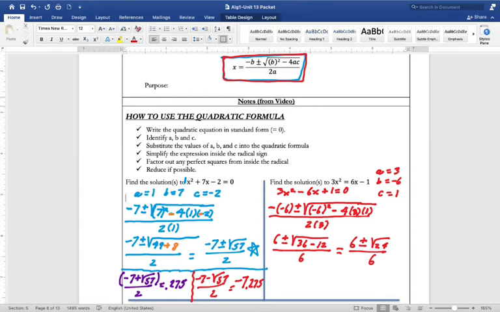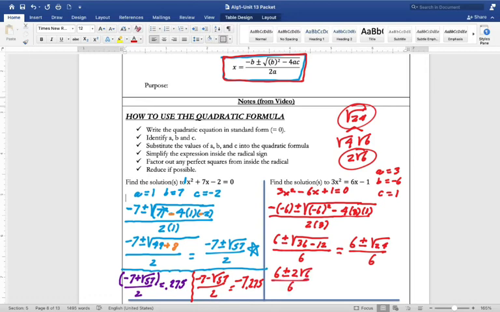No, because the square root of 24 breaks down. And I'm going to do that up top, kind of in the middle here. See, the square root of 24 is really 4 times 6, or 2 square root of 6. So we're going to replace the square root of 24 by 2 square root of 6. That's going to give us 6 plus or minus 2 square root of 6 all over 6.